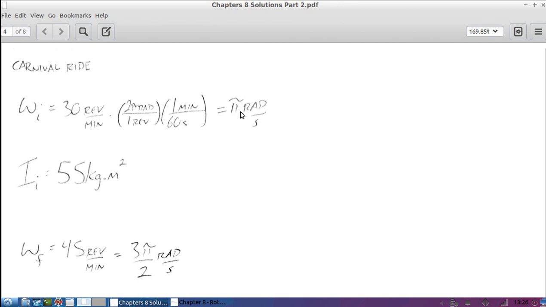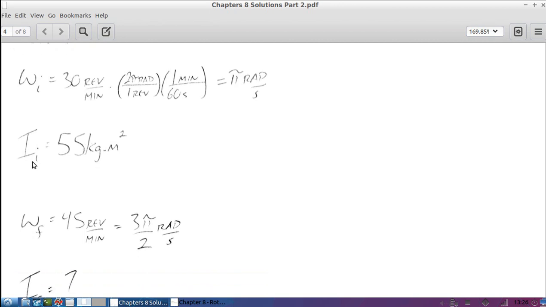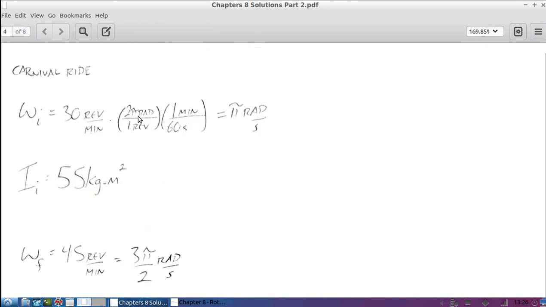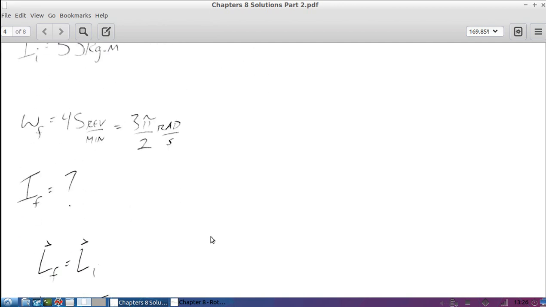Maybe it cancels, maybe it stays in my expression. I've got an initial moment of inertia. I'm looking for the new moment of inertia once the arms change their position. So I've got a new angular velocity. I'm doing the same thing, converting RPMs to radians per second. So I see an increase, I go from pi to 3 pi over 2 radians per second.